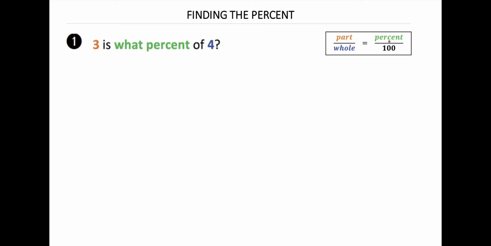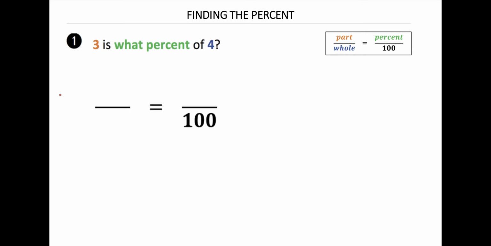What percent, green for percent, obviously, we don't know what that total is. It always goes over 100. And of 4 goes on the bottom. It's the whole. So 3 out of 4. What is the percent of 3 when there are 4 things?